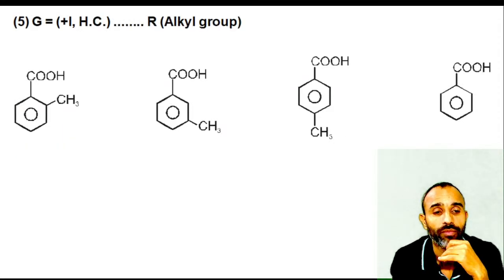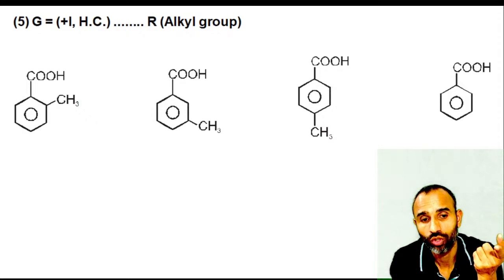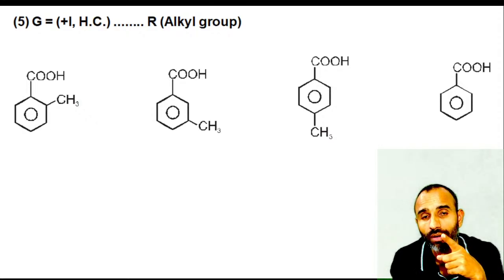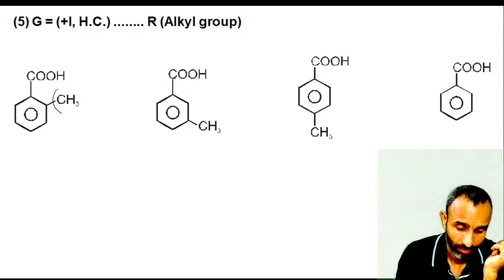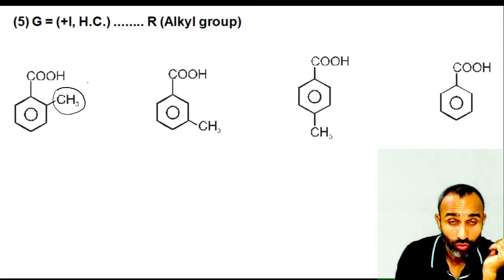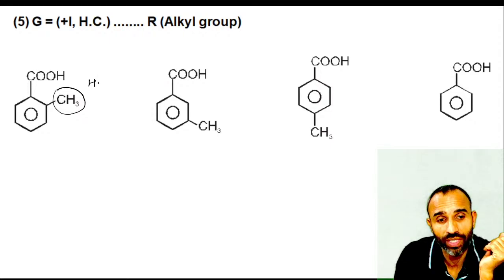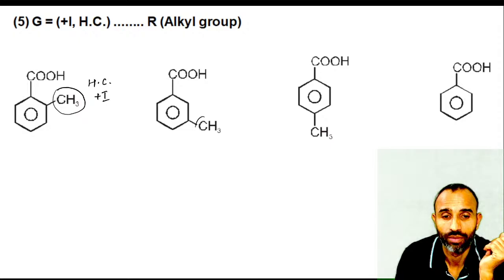Okay, methyl group, ortho, meta, para. So hyperconjugation is favorable for acid? Actually, hyperconjugation means also electron releasing effect, so it is not in favor.